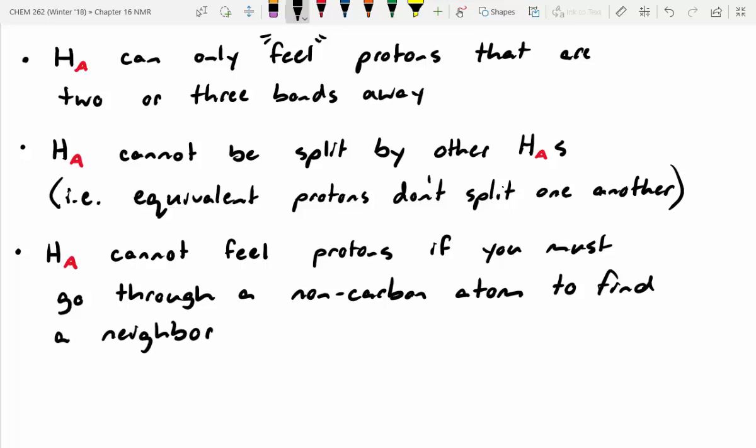And I'll show you guys an example of this in a second, but there's a lot of rules. It makes a lot more sense when you actually look at the spectra though.